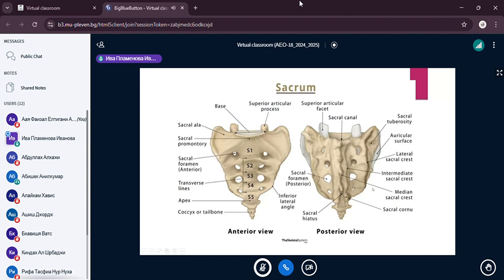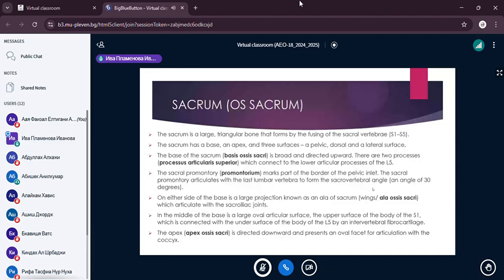For the sacrum, what we have here, I told you that the promontorium marks part of the border of the pelvic inlet, articulates with the last lumbar vertebra, so L5.